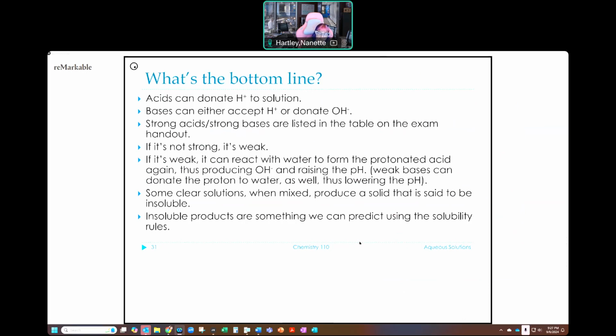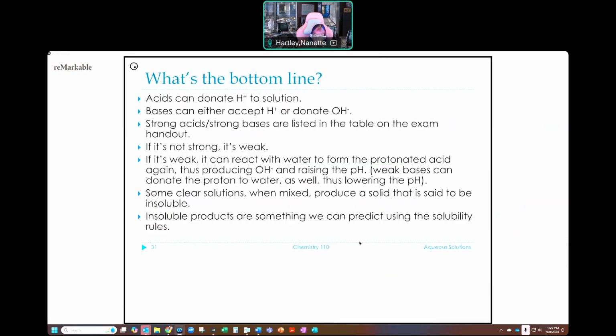Okay. And you should be able to predict whether something is an acid or a base or neutral. So if it can donate H, it's an acid. If it can donate an OH or accept a proton, then it should be a base. And if it can't do either of those things, then it should be neutral. Okay, so those are the expectations for that.